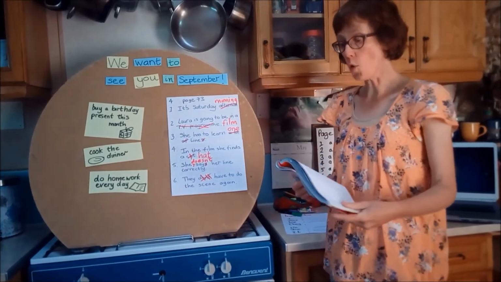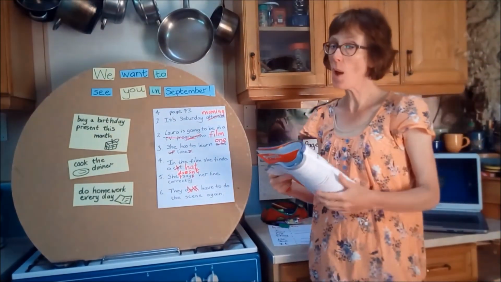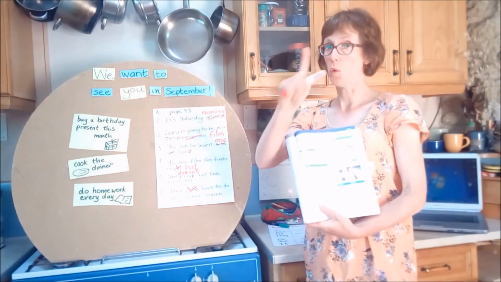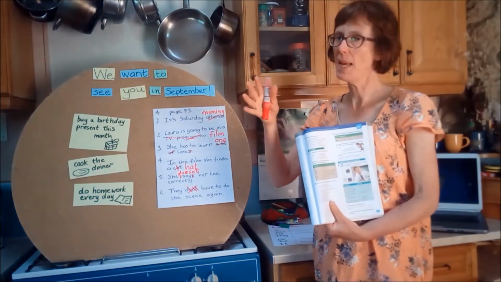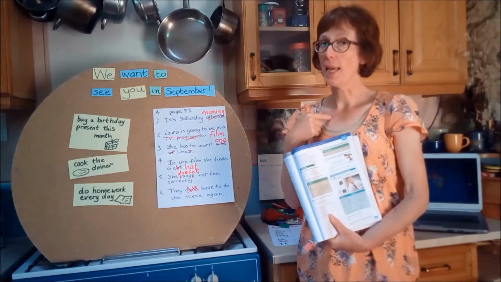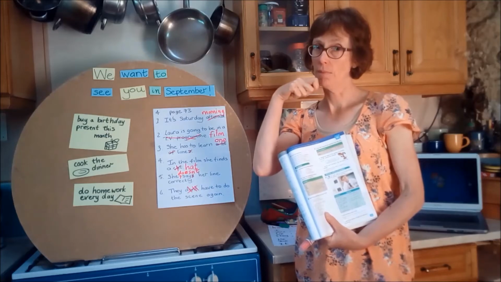So this story is introducing some grammar, which is quite easy. It's all about have to. Things that you have to do. A little bit like must. So in the morning, I have to brush my teeth.